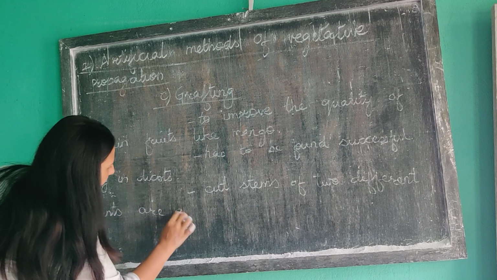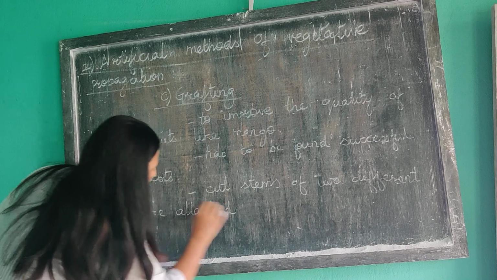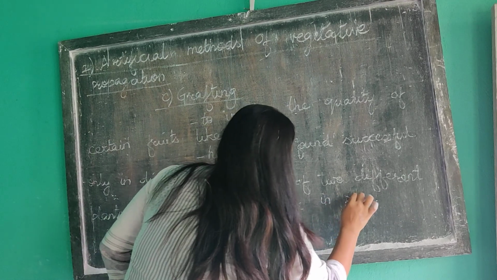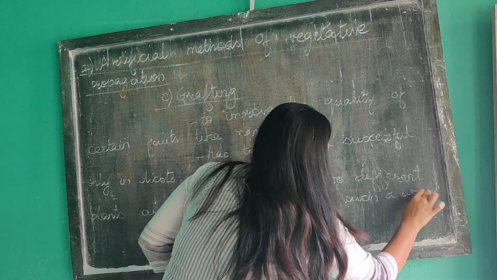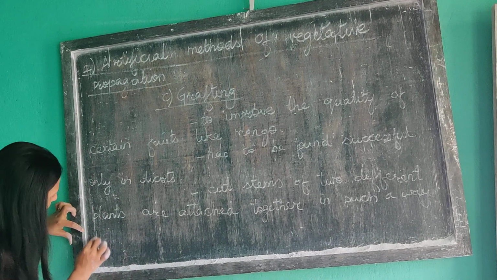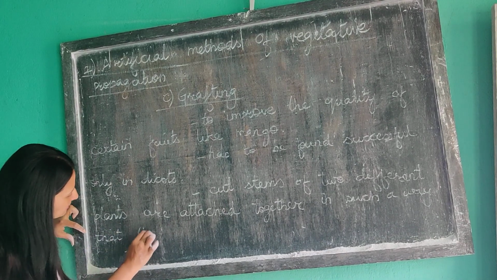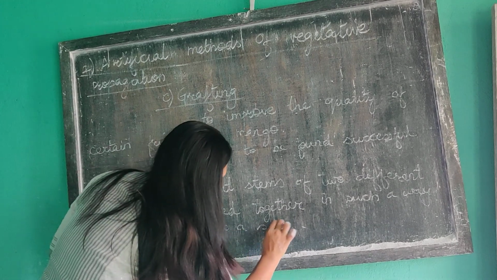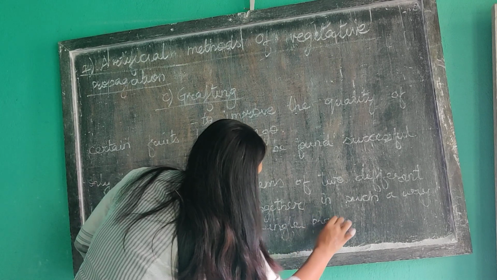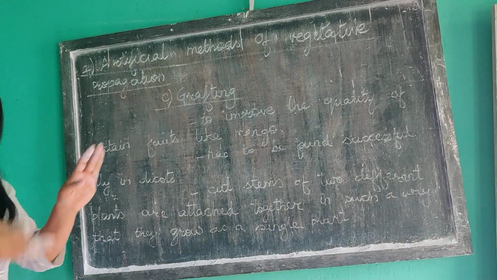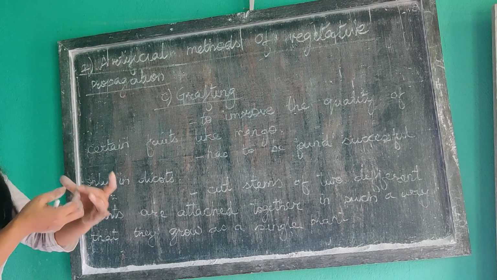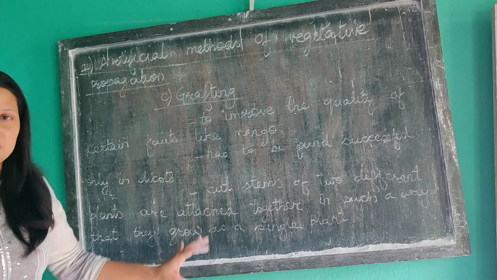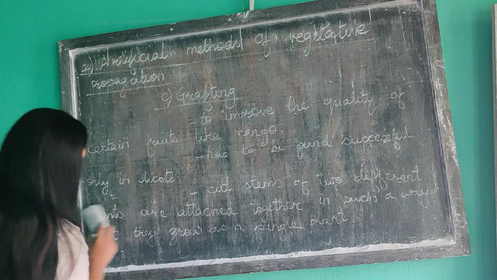The plants are attached together in such a way that they grow as a single plant. So two stems are cut and they are joined together. When the two cut stems are attached together, they grow as a single plant. So this method is known as grafting.